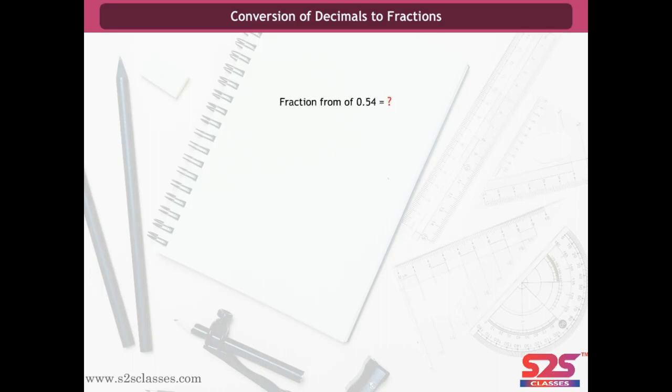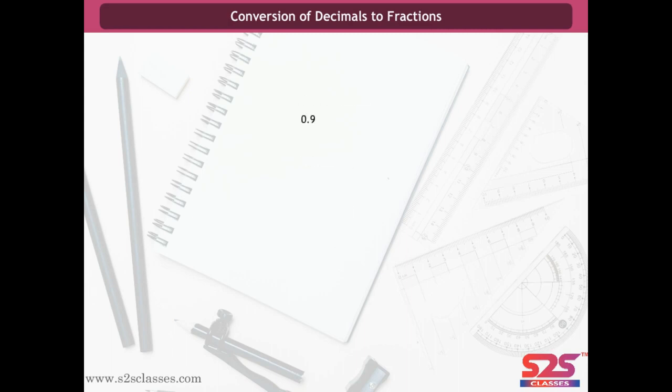Now what is the fraction form of 0.54? As in 0.54, there are two digits, that are 5 and 4, after the decimal. So the value of p is equal to 2. Hence we can write 0.54 as 54 by 10 raised to the power 2, that is 54 by 100, which is equal to 27 by 50.